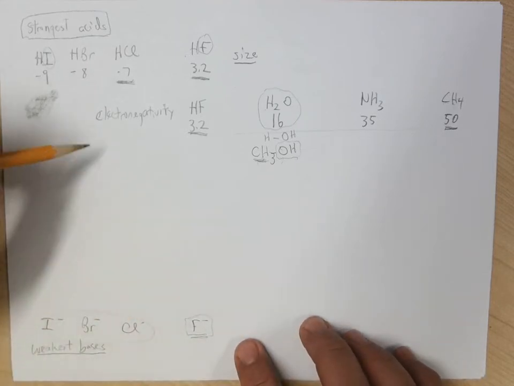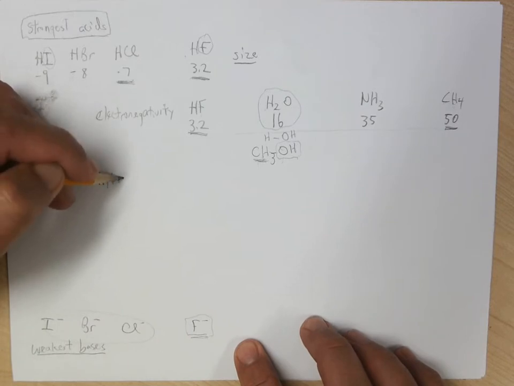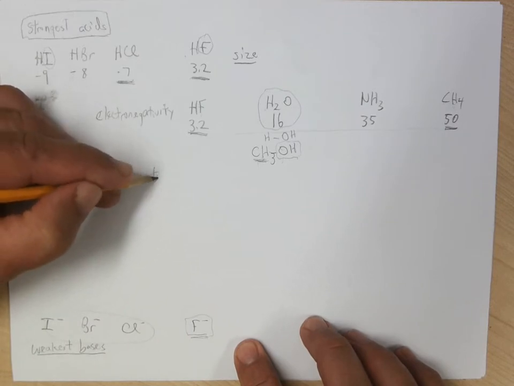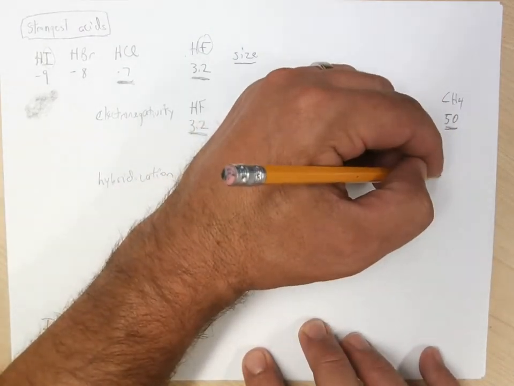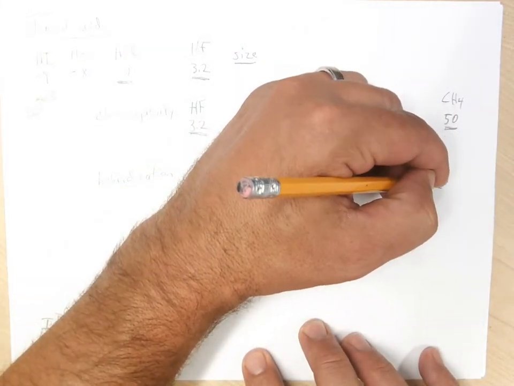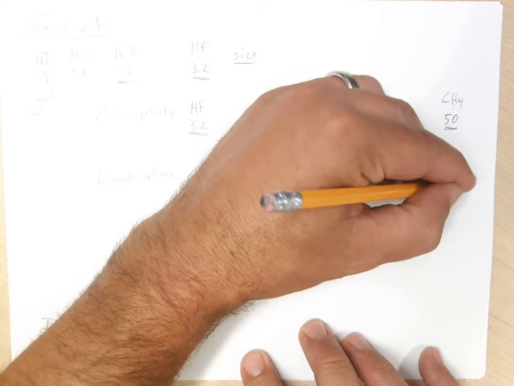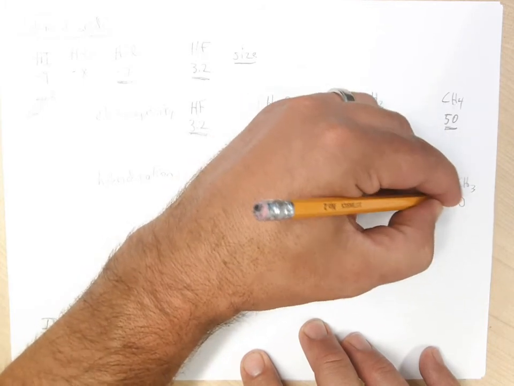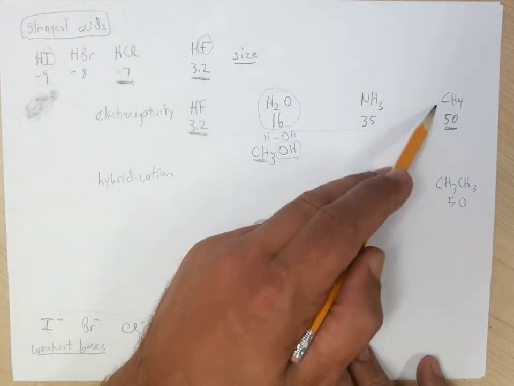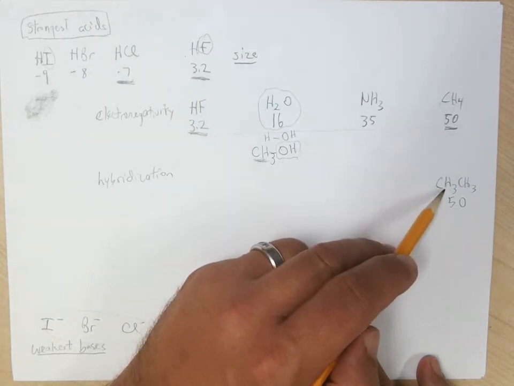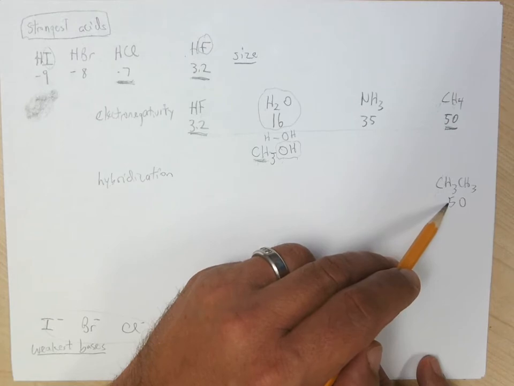Alright, and so what's another thing? Hybridization is another thing that affects the pKa. So to show that, I can show CH3CH3, ethane, being structurally very similar to methane, nonpolar CH bonds, pKa about the same.